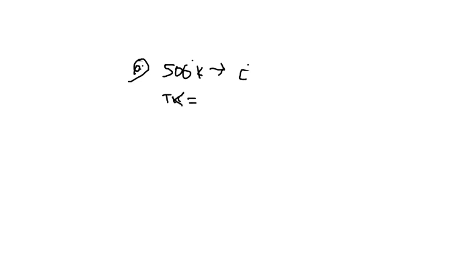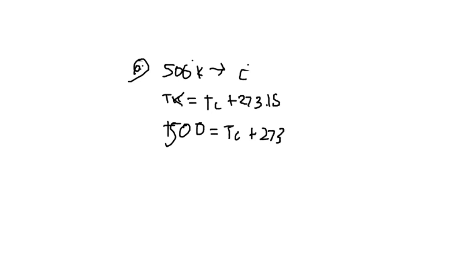So once again, we're just going to use the formula. Temperature in Kelvin is equal to temperature in Celsius plus 273.15. So plug natin yung 500 dun sa temperature in Kelvin equals temperature in Celsius plus 273.15.